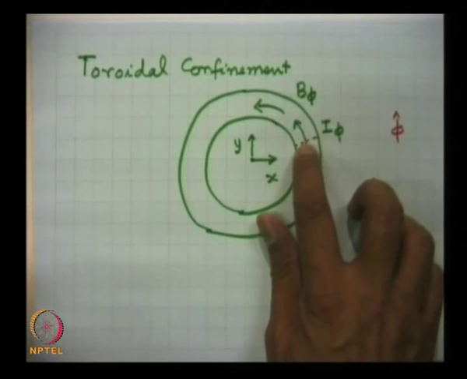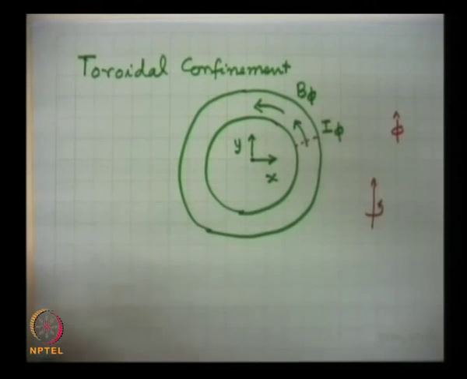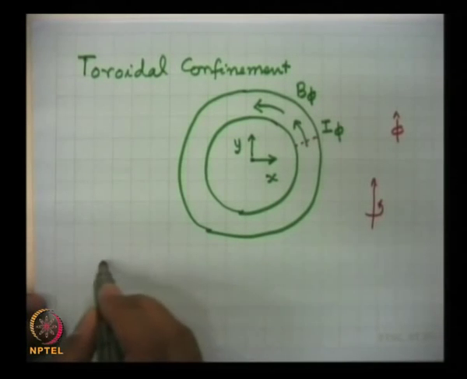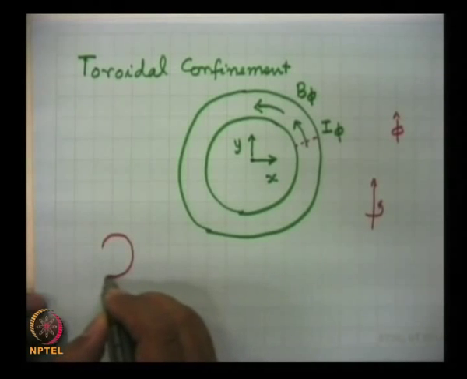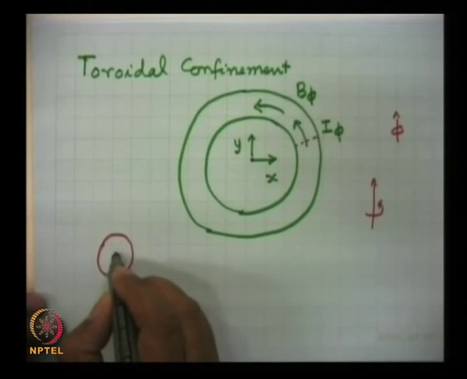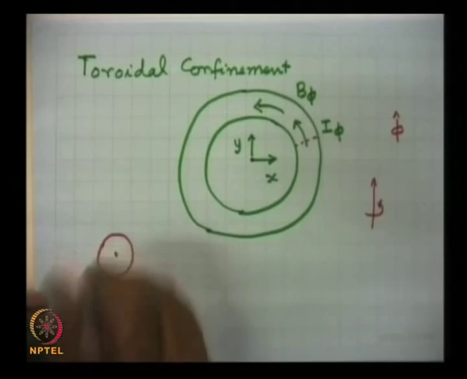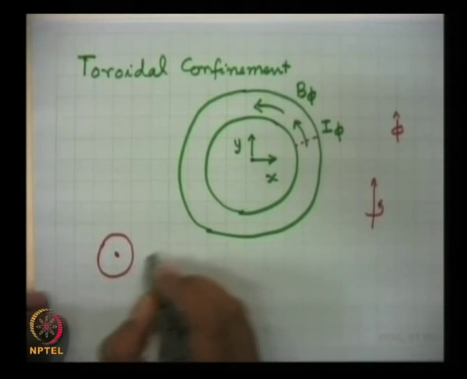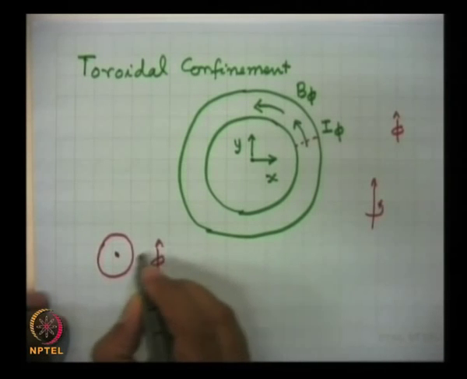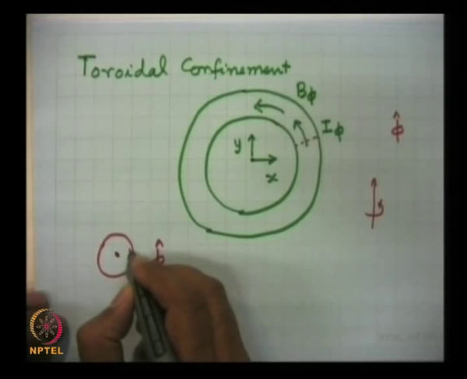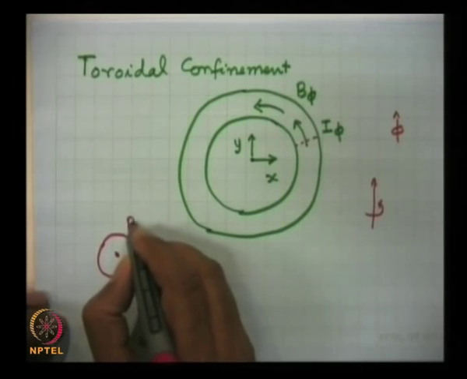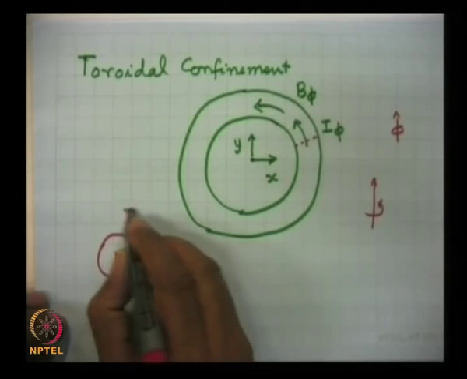If I draw a plane perpendicular to phi direction, then the lines of force will be like this. So, this is my phi direction, normal to the plane of this board, then these will be the lines of force. I will call this magnetic field BP, the poloidal magnetic field.